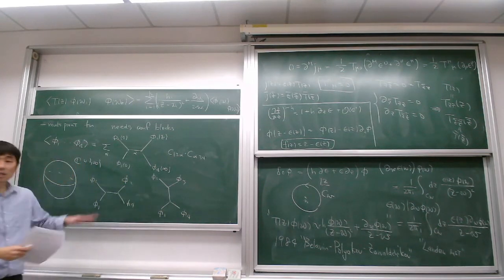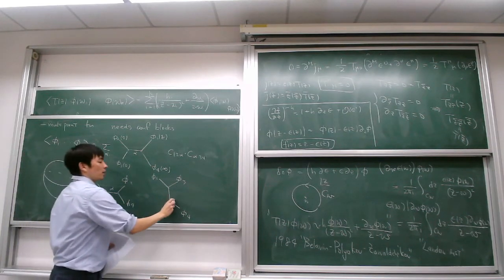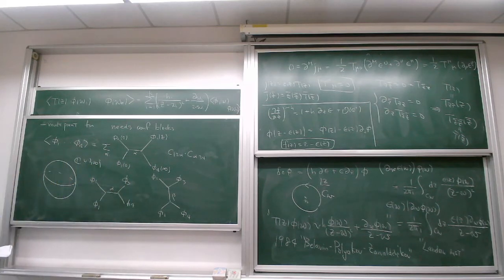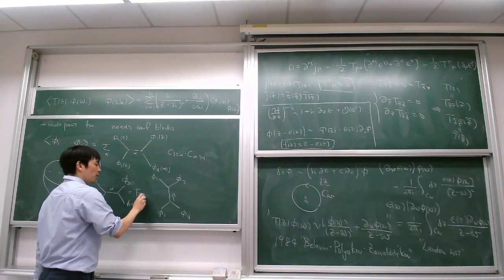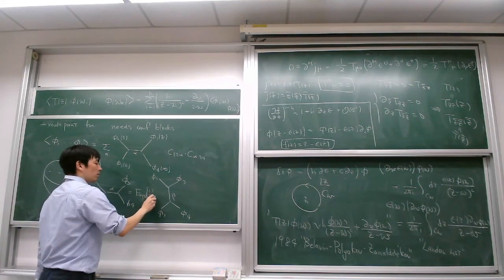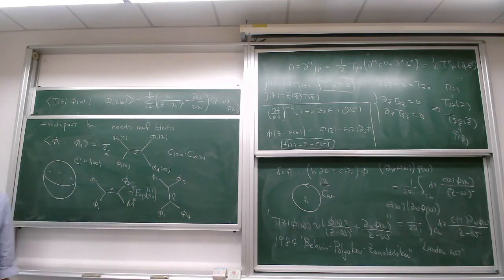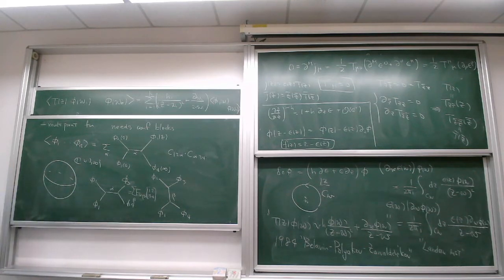So there's another way to take another basis for the conformal block. This is alpha and beta. There are different bases for conformal blocks, and they're related by the so-called fusion matrix, alpha, beta, 1, 2, 3, 4, with a sum over beta. That's the relation between 2 bases of conformal blocks. This is called the fusion matrix, sometimes called the 6j symbol.